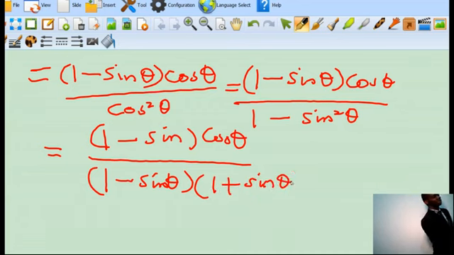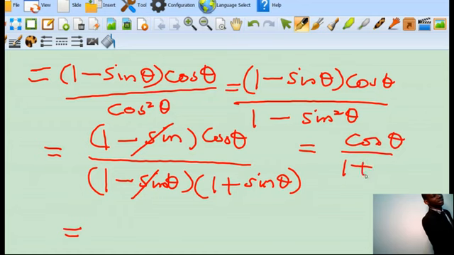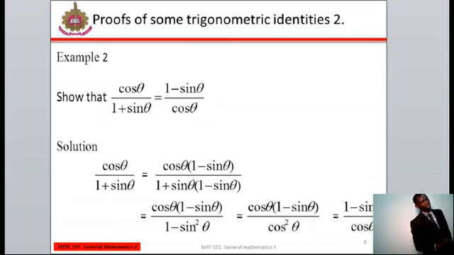If you factorize this expression, you get your 1 minus sin theta back. So you can easily eliminate 1 minus sin theta, and you will have cos theta over 1 plus sin theta. Continue with simple algebraic manipulation, and you'll be able to arrive at your final solution.